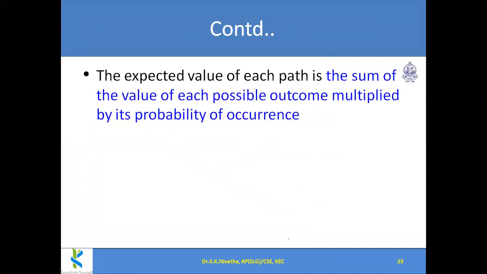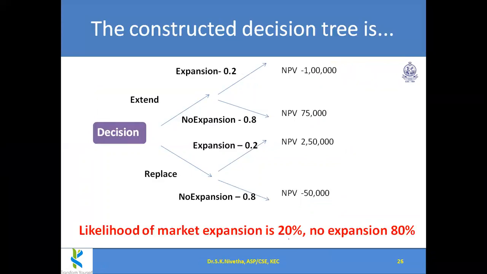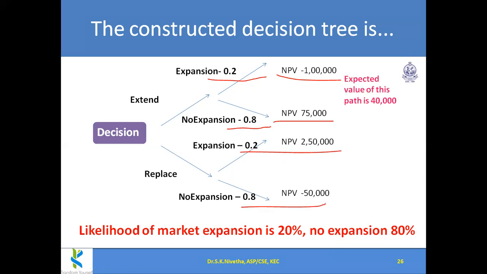So what are they doing? They are taking the probability and multiplying it. For expansion only a 20% chance, so multiplied with 0.2. For no expansion an 80% chance, so multiplying with 0.8. When they calculate in this way, with 0.2 and the corresponding value, they derive that for keeping the old software, the expected value is 40,000.